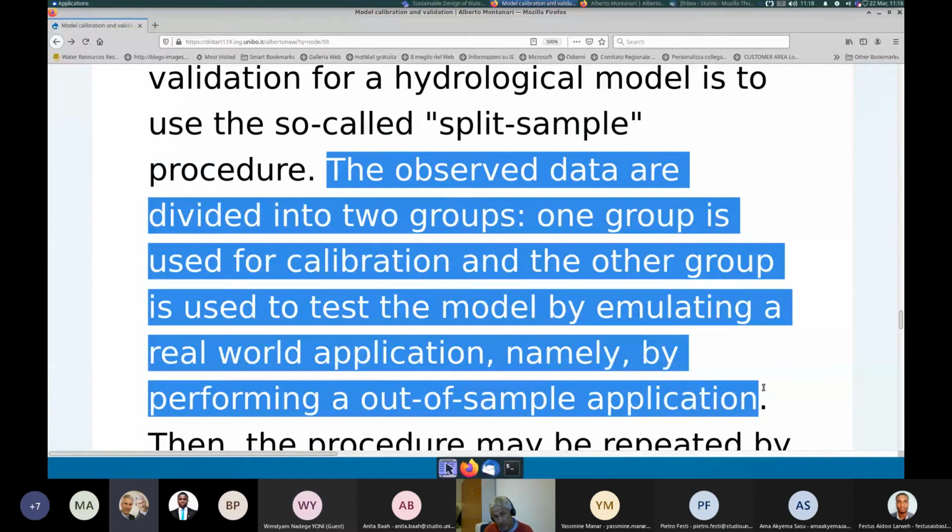So you get 10 exercises of validation, and you have 10 indications of model performance out of sample. I saw a question, so I will give you the word in a moment. And you have 10 sets of parameter values, because you are also making calibration 10 times.